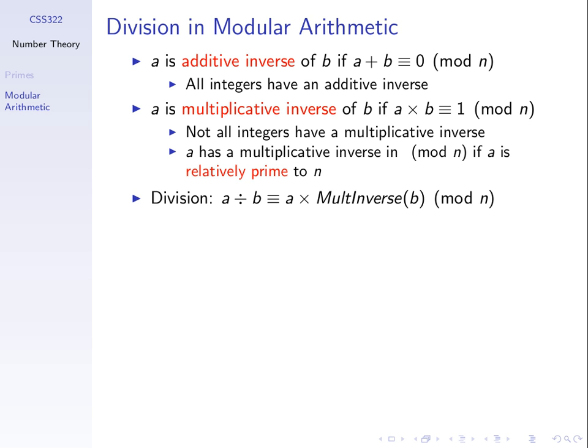In Mod 8, what's 2 minus 6? Two minus 6 is 4. And 2 minus 5? 2 minus 5 is 5.